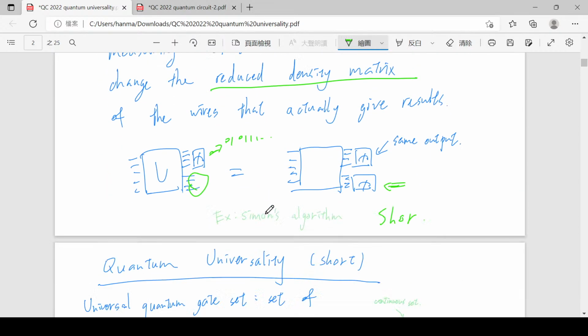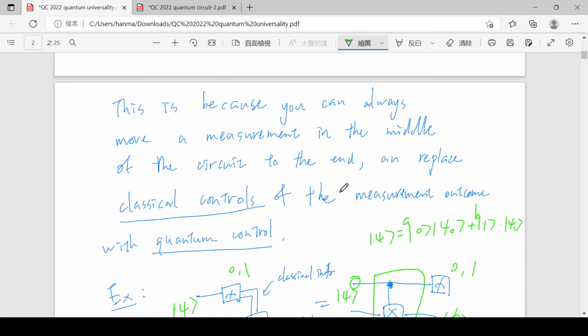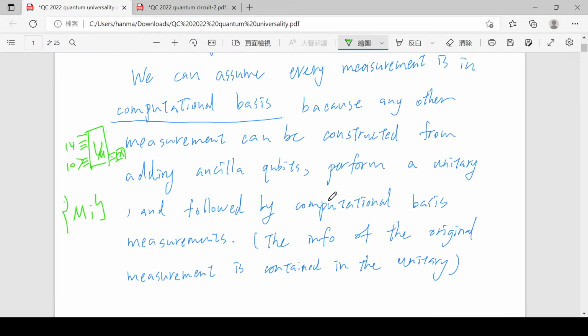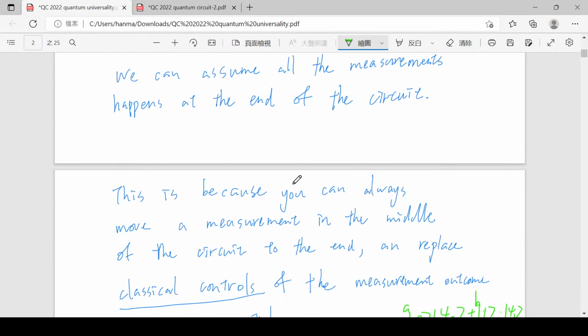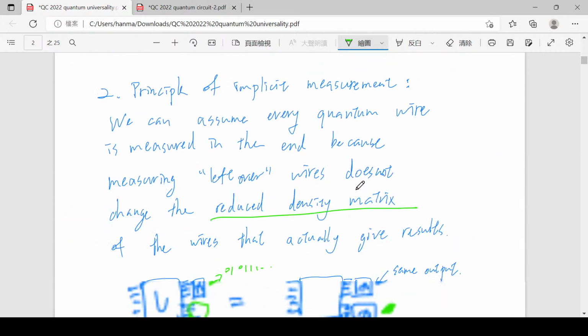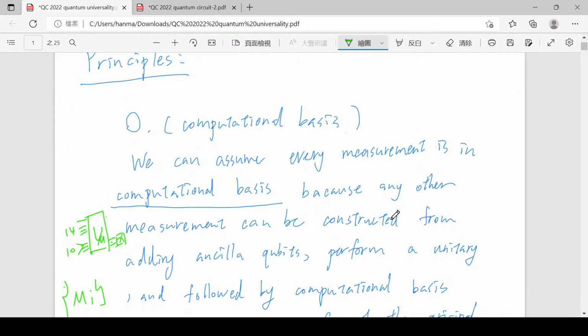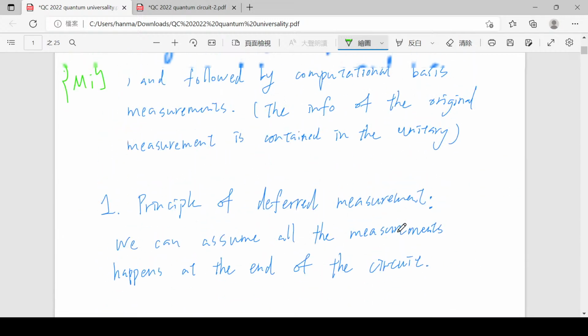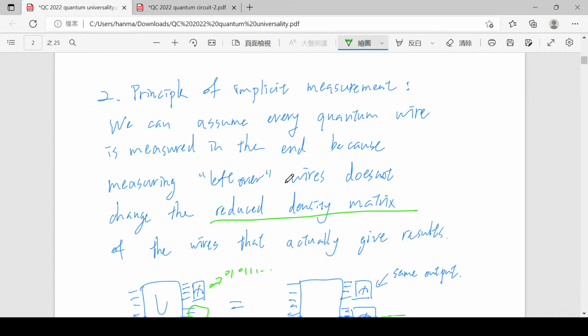Okay, so those are the principles, 0, 1, 2, about how to think about the measurements in a quantum circuit. Measurements can be placed at the end, and you can think about measuring all of them, in the computational basis.